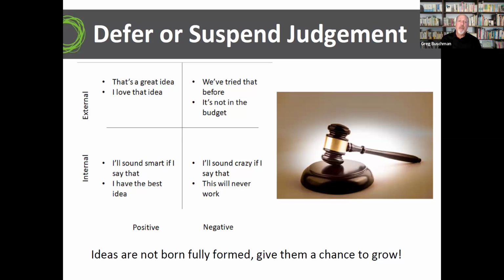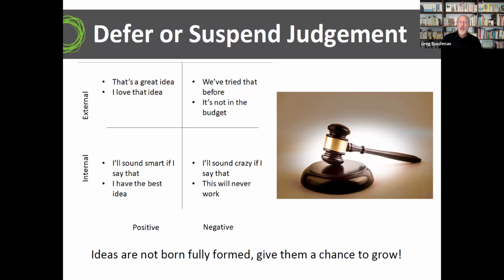And we've got to defer or suspend judgment on our ideas for a short time, because when we judge our own ideas or someone else's ideas, we might not actually share those ideas because we might not think they're valid. Or if we judge someone else's idea, we're going to shut them down, and they won't continue to participate. So it's super important that we be open-minded and not judge someone else's idea.